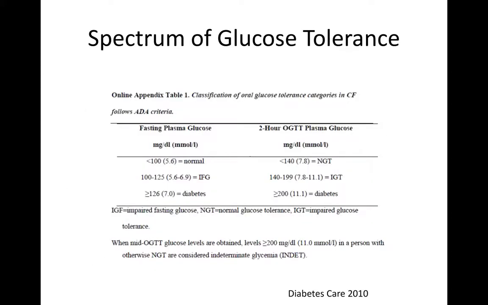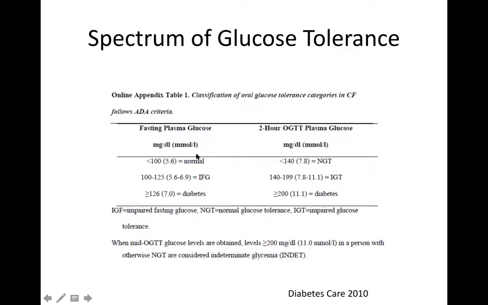If you get an oral glucose tolerance test, you'll get a set of results. And this is how we classify normal or abnormal. So you can see IFG means impaired fasting glucose. NGT means normal. IGT means impaired glucose tolerance, okay?